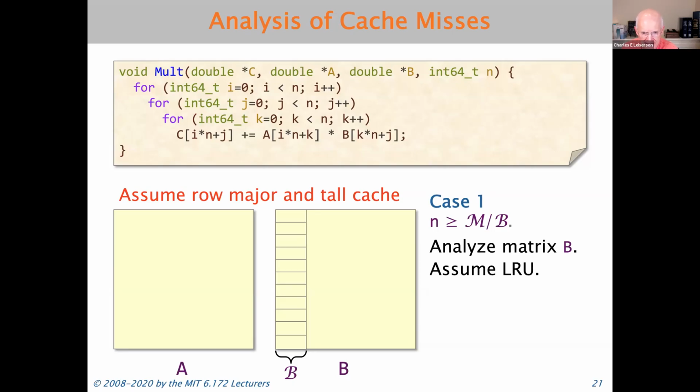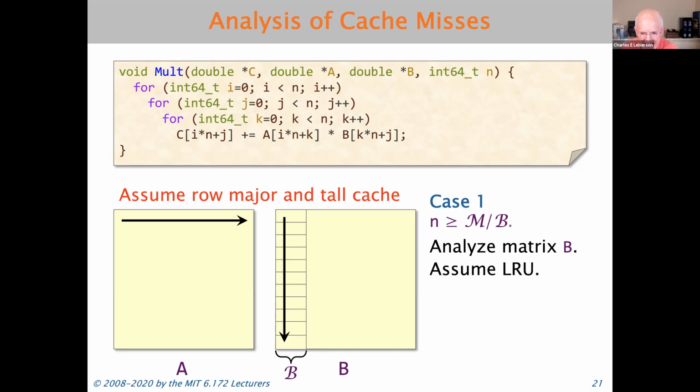That's the outer loop, and then we stride through K, incrementing K, and that takes us with accesses along the 0th row of A and the 0th column of B. Okay, 0 indexing here.